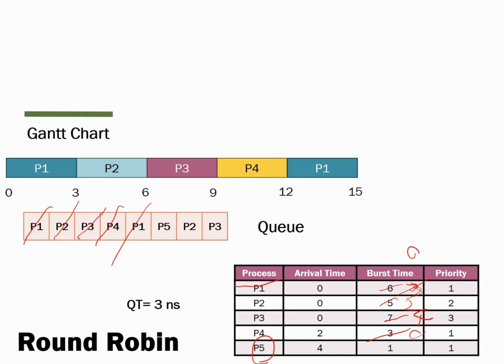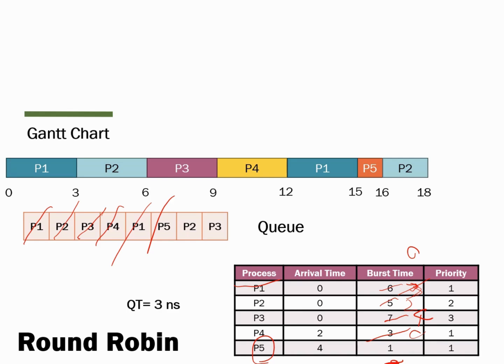Now the queue turns to P5. P5 only needs 1 nanosecond, not 3 nanosecond. So we give the CPU only 1 nanosecond to P5 between 15 to 16. So P5 also completed. Now we have only 2 in the queue. P2 got the CPU for 2 nanosecond because it only needed 5 nanosecond as the total burst time.